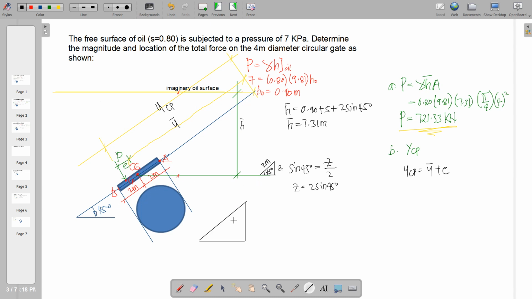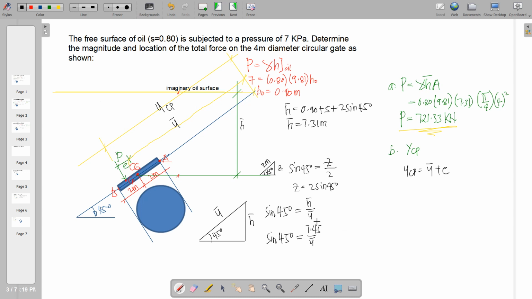So looking at the triangle that is inclined along the horizontal line with 45 degrees, this is Y bar and H bar. So again, relating H bar to Y bar, we can use the sine function: sine 45 degrees is equal to H bar all over Y bar.